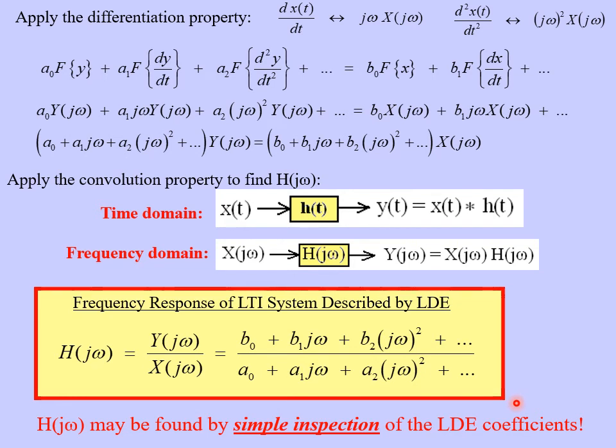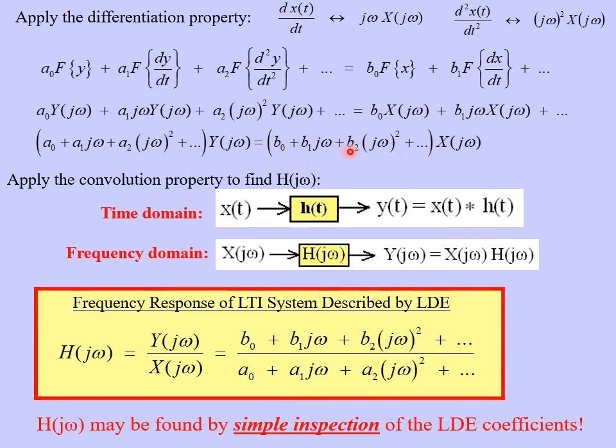One thing I will caution you: remember, frequency response is Y over X. However, the coefficients on the top are the x coefficients, and the ones on the bottom are the y coefficients. Why are they opposite? Well, it's because when you divide to get Y over X, you're moving terms to the other side in the opposite order.